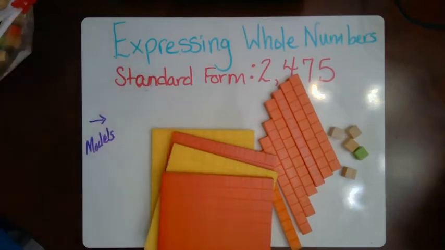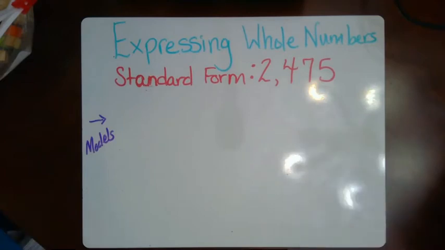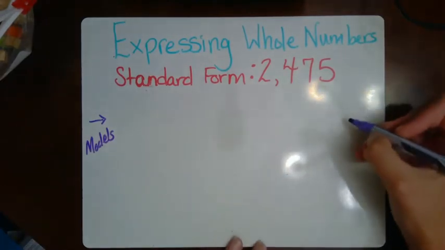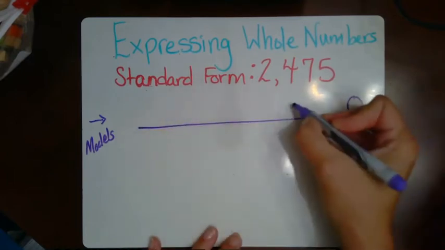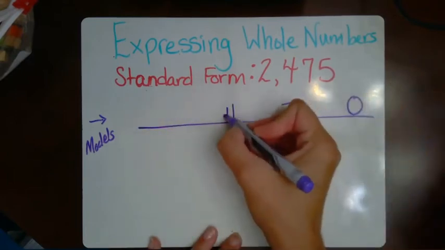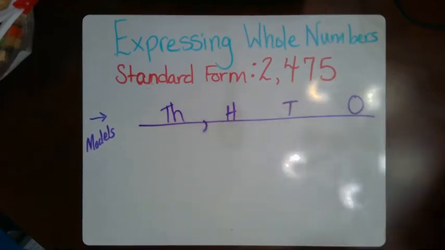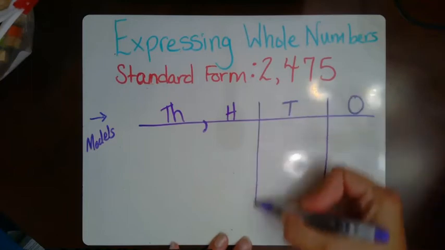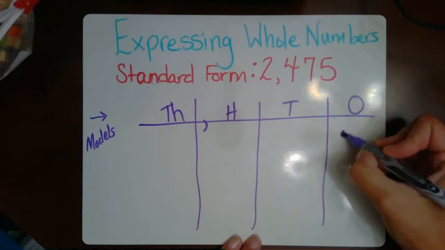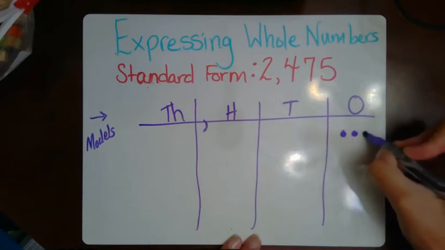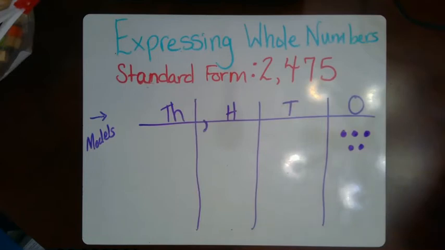You can also draw a picture of a model if you do not have place value blocks. You can simply make a table of ones, tens, hundreds, thousands, depending on how large your number is. So to show that, you could show 1, 2, 3, 4, 5 ones cubes.